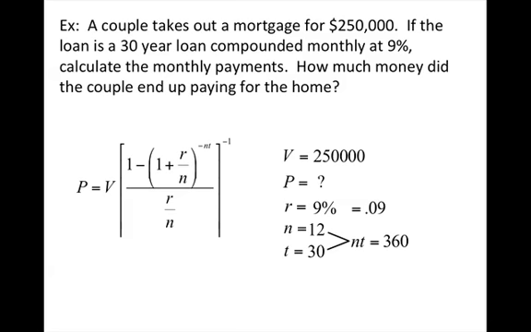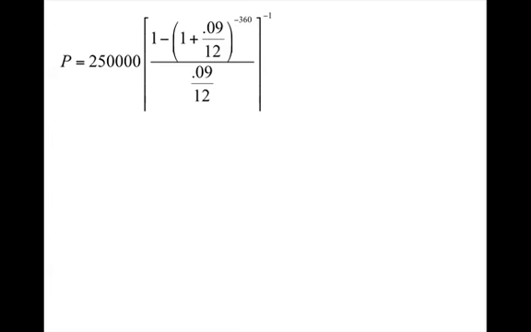So let's plug these into our formula. I get P equals 250,000 times 1 minus 1 plus 0.09 divided by 12 raised to the negative 360th power. All of that's divided by 0.09 divided by 12. And then I raise all of that to the negative 1 power.